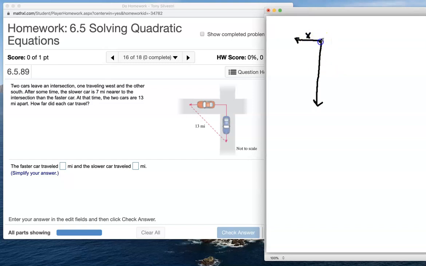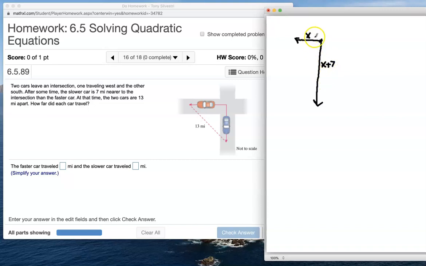In a certain amount of time, this car is going west, and I don't know what that distance is, but we do know that x is 7 miles nearer to the intersection than the fast car. If that's really the case, what do you think the distance of this guy here is? It would be whatever x is plus another 7 miles.